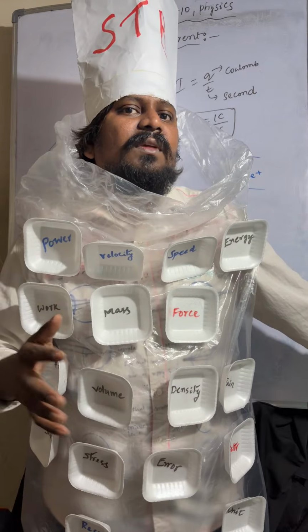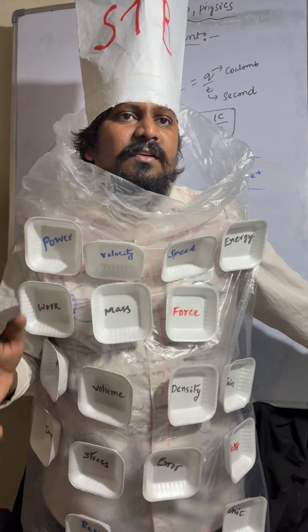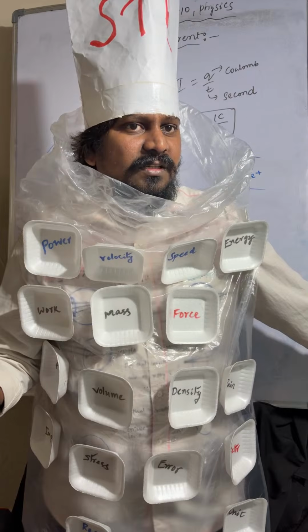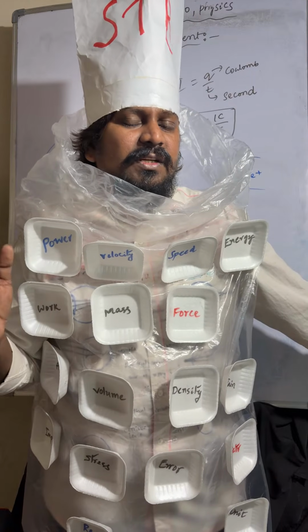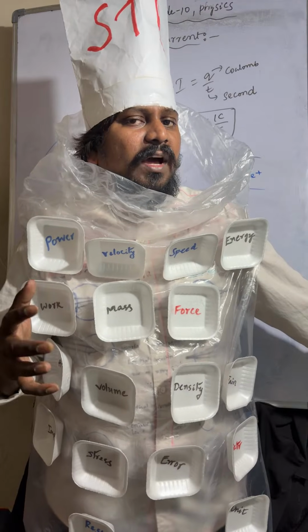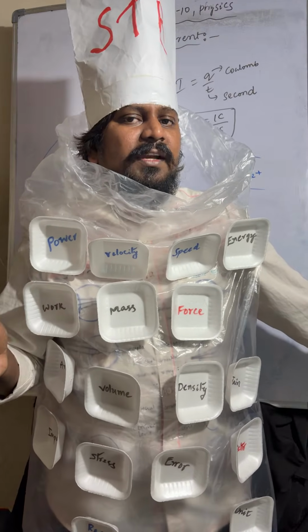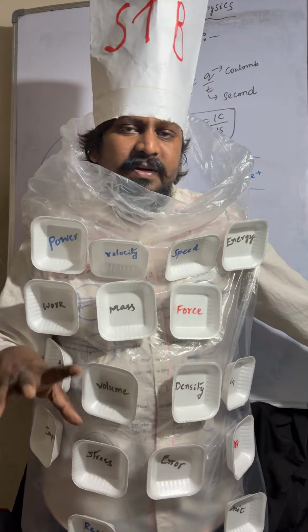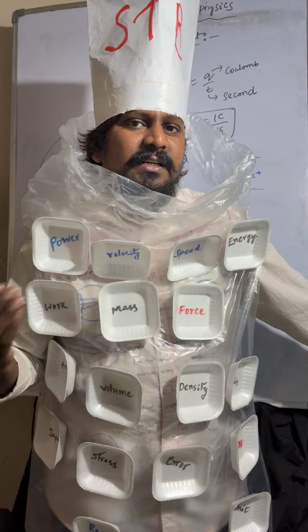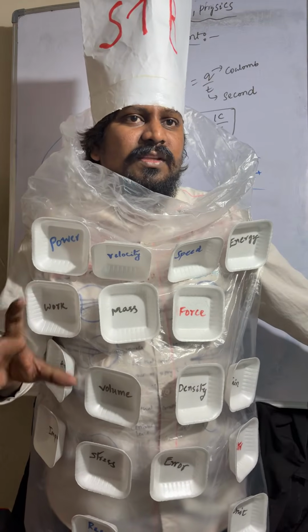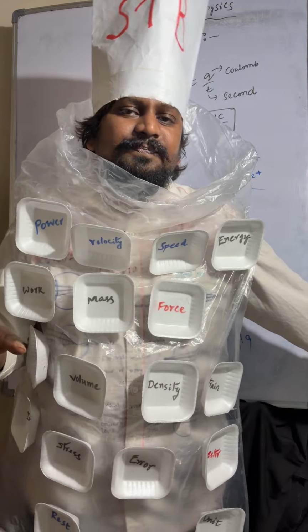In 1 coulomb, 6.25 into 10 power 18 electrons are present. So on 1 electron, how much charge is present? In 1 coulomb, how many electrons are present? That's enough.